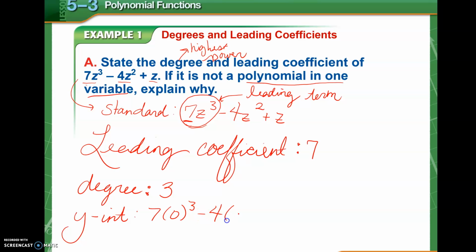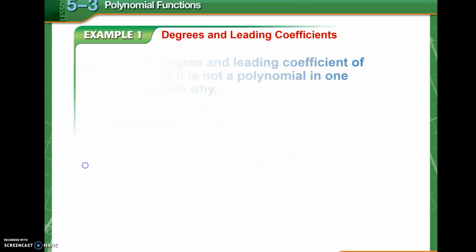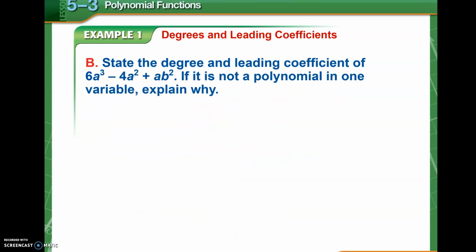Remember order of operations, but basically when I plug in 0, it takes out all of my variable terms. So this would be 0 minus 0 plus 0, which gives me 0. So my y-intercept is 0, whatever I get when I plug in the 0 for the variable.